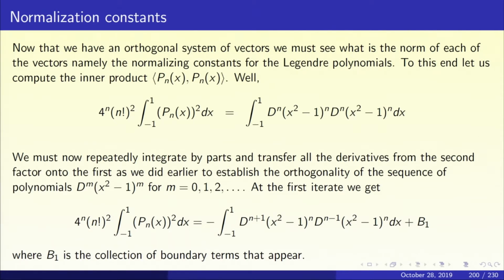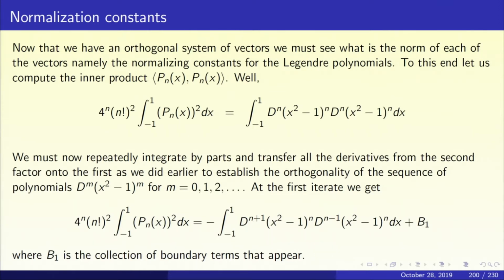So whenever we have a vector space V and an orthogonal system of vectors v1, v2, ..., vn, then we would like to find the length of these vectors so that we can divide by this length and get an orthonormal system. From an orthogonal system, we should be able to pass on to an orthonormal system of vectors. So in other words, we have to find the norm squared of each of these vectors.